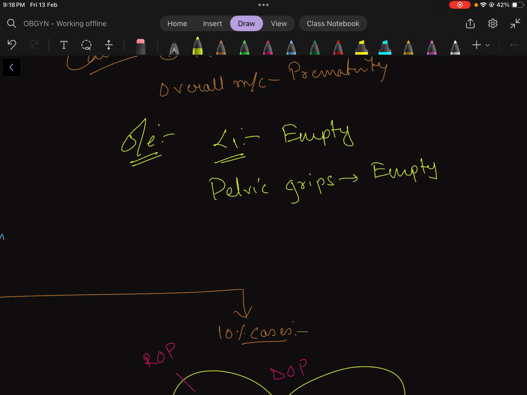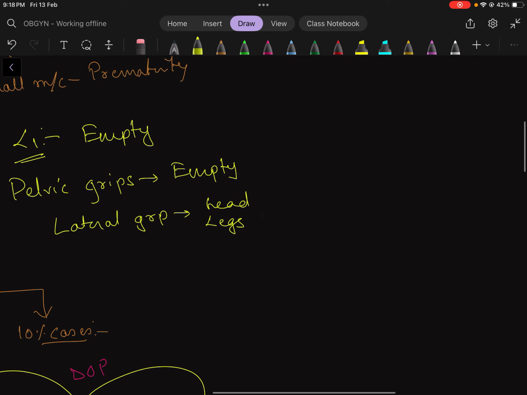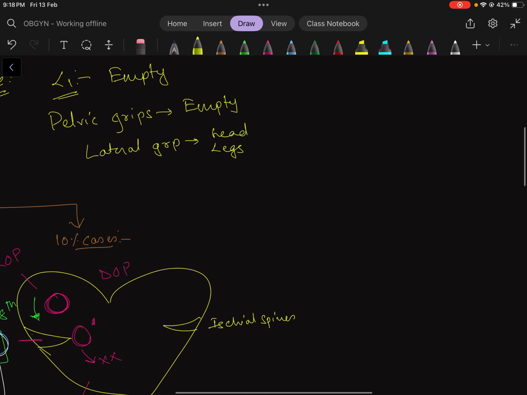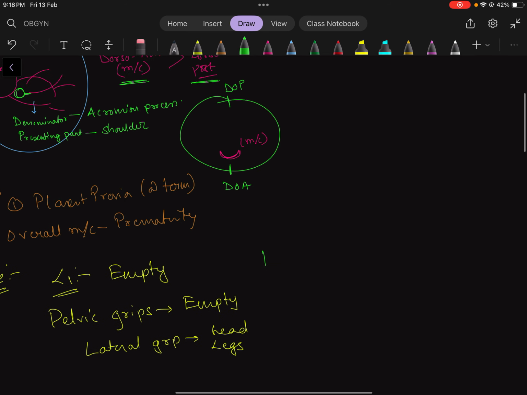So we can only see the lateral grip, in which we may find the head on one side and the legs on the other side. The fetal heart sounds are palpable around the umbilicus and above.